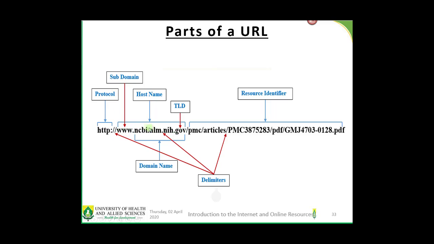Now, looking at the host name, the host name actually tells us that, one, it is a web server, and the institution that owns it is the National Center for Biotechnology Information, which is a department or an aspect of the National Library of Medicine. And the National Library of Medicine is also a branch or a department or agency under the National Institutes of Health, which is a US government agency.